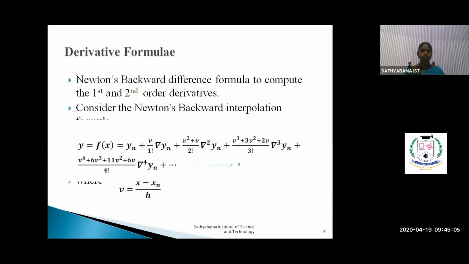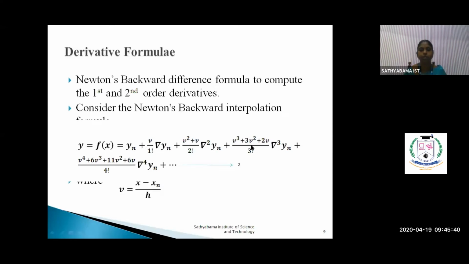Right. Now, I already told you we can use the backward difference interpolation formula. So now I'm going to use the backward difference formula to compute the first order and second order derivatives. You know that formula, Newton's backward interpolation formula: y equals f of x equals yn plus v by 1 factorial del yn plus v square plus v, actually it is v into v plus 1, so it becomes v square plus v by 2 factorial del square yn.